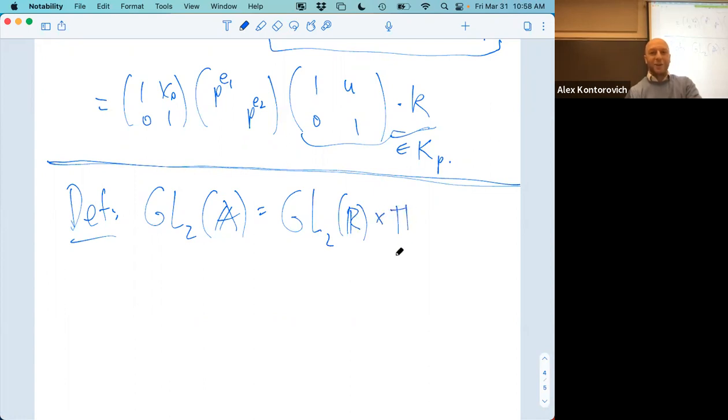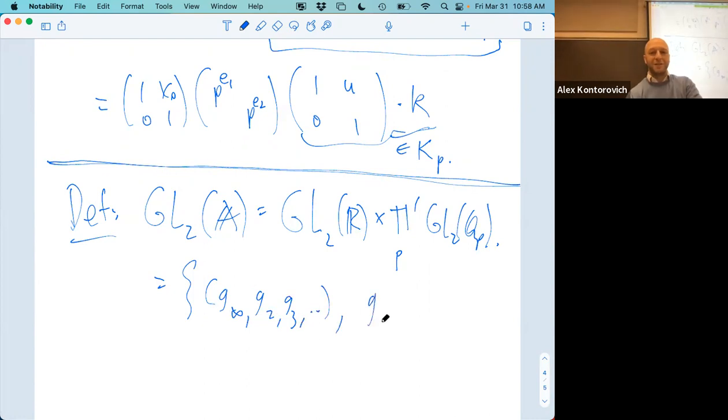On one hand, you should define GL2 of the adeles as GL2(R) times the restricted product of GL2(Q_p). In other words, this is an infinite sequence g_infinity, g_2, g_3 of matrices where g_p is in GL2(Q_p) for all p and g_p is in GL2(Z_p) for almost all p.